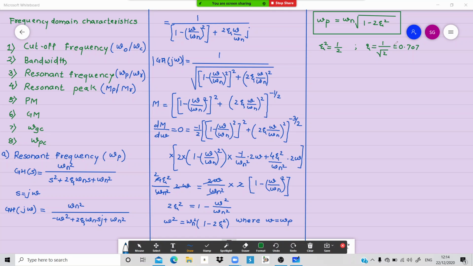So definitely zeta should not be greater than 0.707. As soon as it becomes more than 0.707, this value will start becoming imaginary. So zeta is in between 0 and 0.707, and that tells you that if zeta becomes greater than 0.707, no resonant peak is possible.